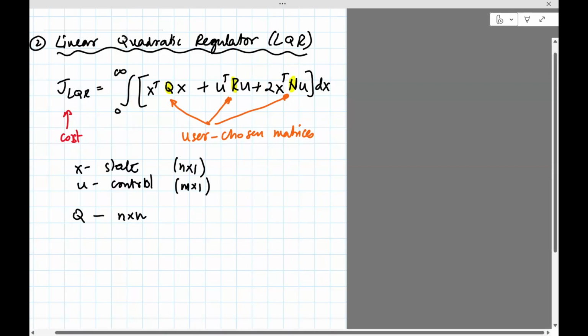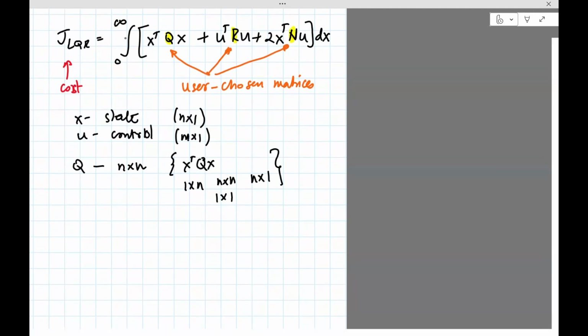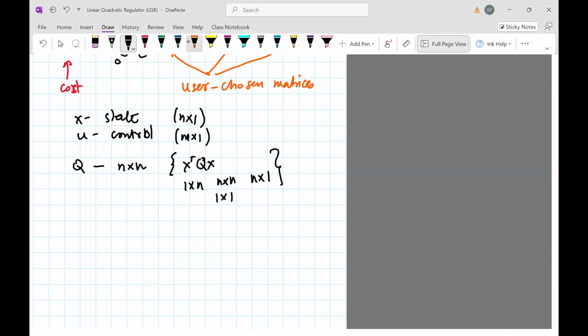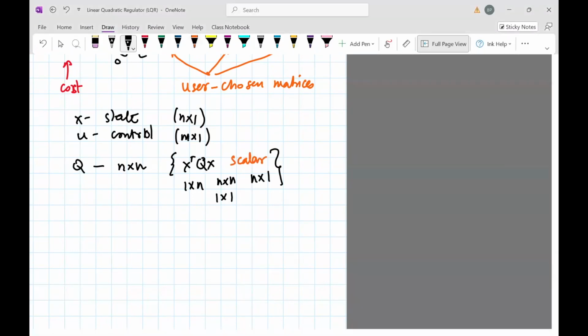X transpose is 1 cross n, Q is n cross n, X is n cross 1, and so this whole multiplication will give you 1 cross 1. So it's a scalar. A cost cannot be a vector, it has to be a scalar.